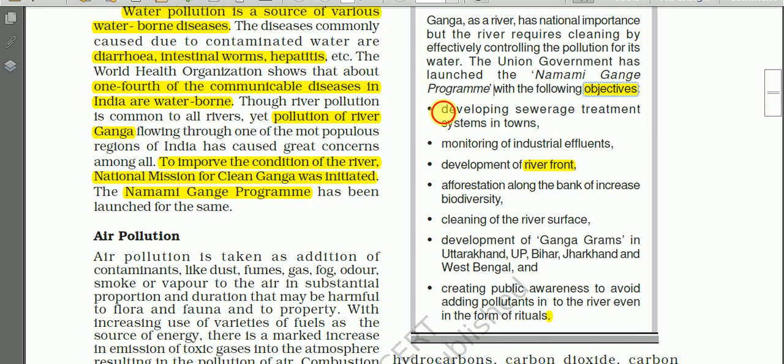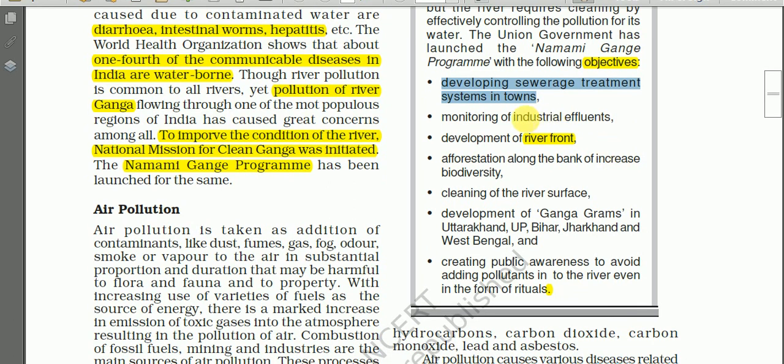The first important point is developing sewerage treatment systems in all the cities and towns. Sewerage means the grey water, the wash water released from domestic households, which must be treated before discharging into the Ganga river.